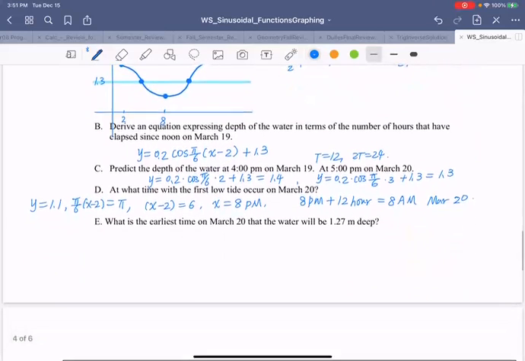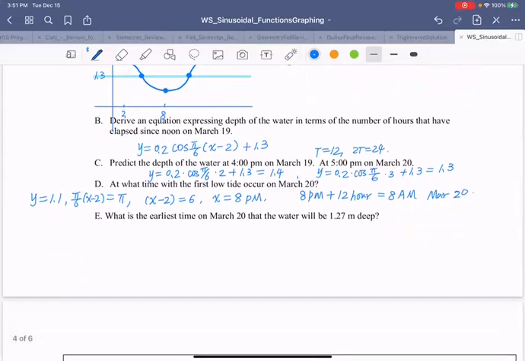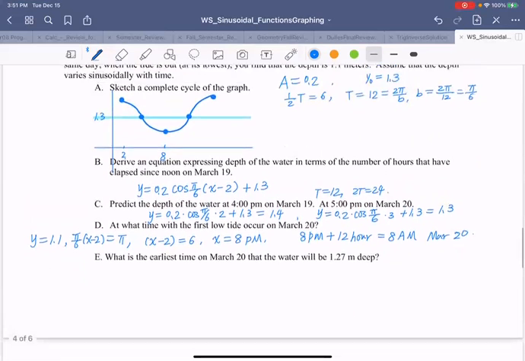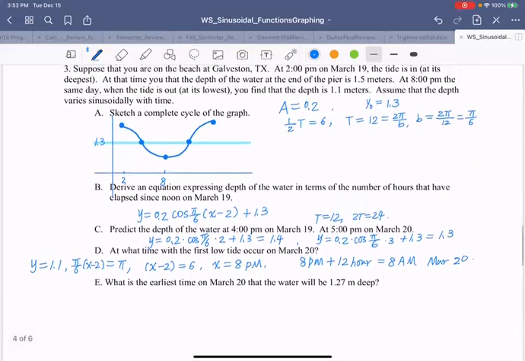And now what is the earliest time on March 20 that the water will be 1.27? What is the earliest time on March 20? Okay, so we want to solve that guy equals 1.27, right? Okay.